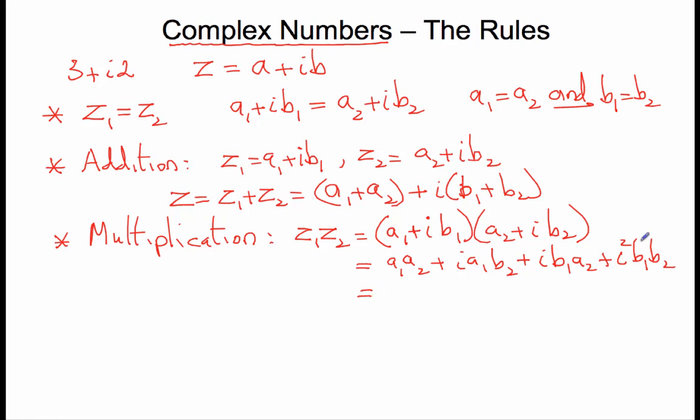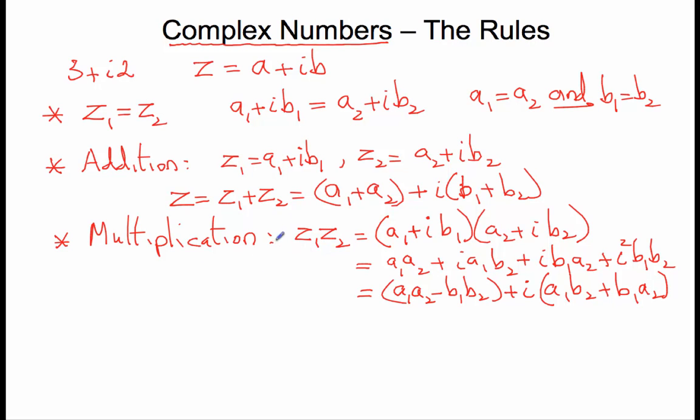And so since i squared is -1, we can write this as a1 a2 minus b1 b2, and then we'll take iota or i common and write this as a1 b2 plus b1 a2.